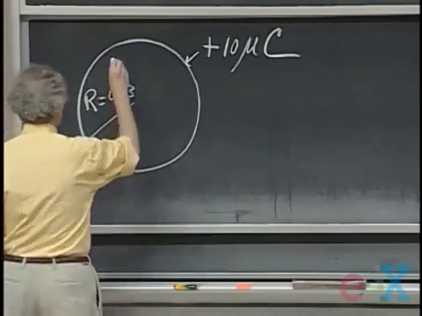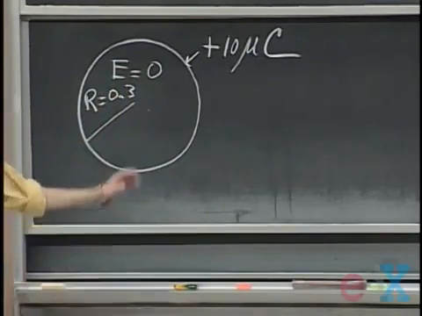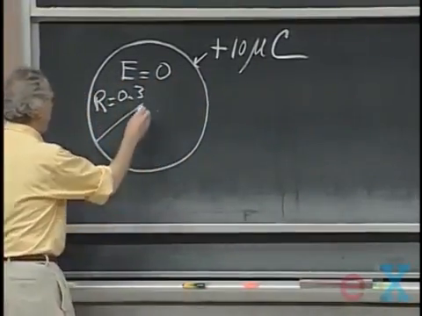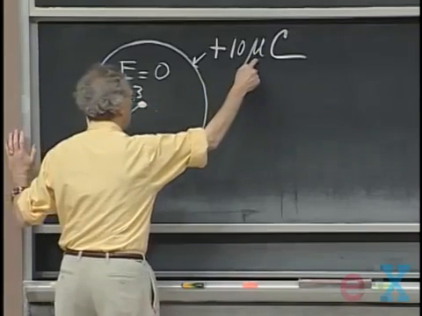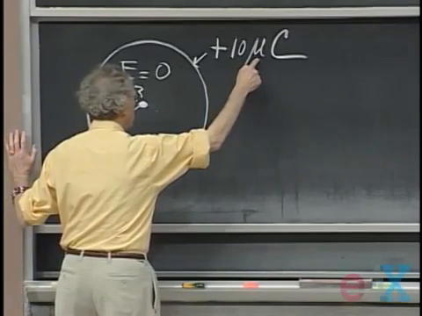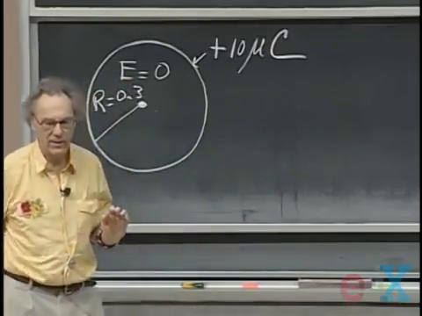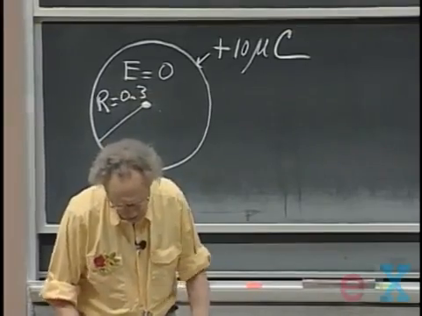We already discussed last lecture that the electric field inside the sphere is zero, and that the electric field outside is not zero, but that we can think of all the charge being at this point here. The plus 10 microcoulomb is all here, as long as we want to know what the electric field outside is. So you can forget the fact that it is a sphere.